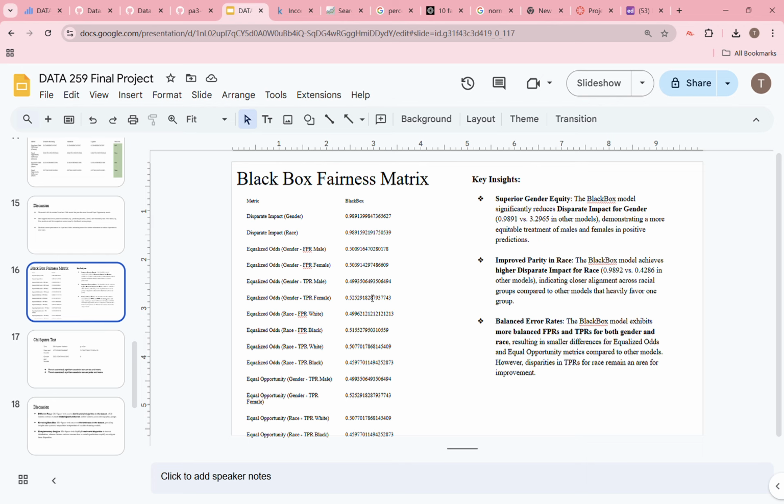It generates three key insights. The first is a superior gender equity in comparison. Then there's an improved parity in race. Also, there are balanced error rates.